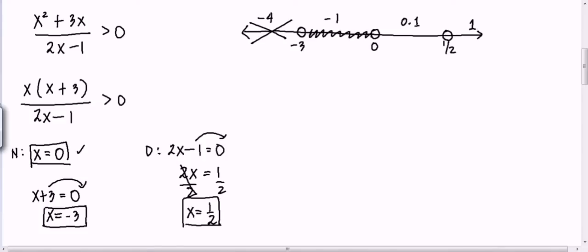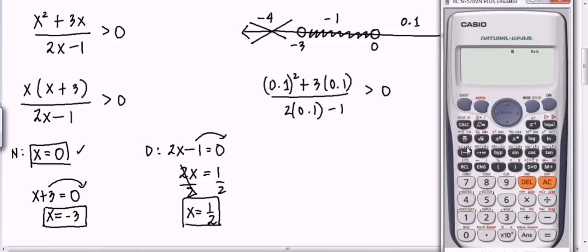Okay? Next one, burahin ko ulit to. Ayan, so dito na tayo sa 0.1. So 0.1 is yung sa third interval, 0.1 squared plus 3 times 0.1 all over 2 times 0.1 minus 1 greater than 0. Okay? So, ang gagawin natin guys, pwedeng i-calculate nyo yan. So i-calculate natin siya.